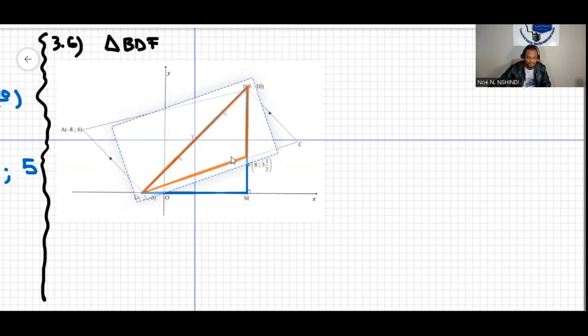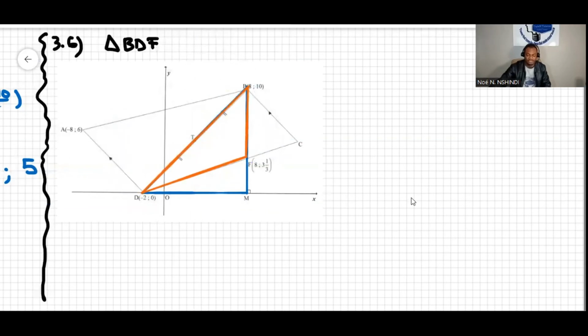Okay, yeah, I got it. And then we have two triangles. I call them triangle 1 and triangle 2. Area 1 and area 2. The two form the area of the triangle BDM.